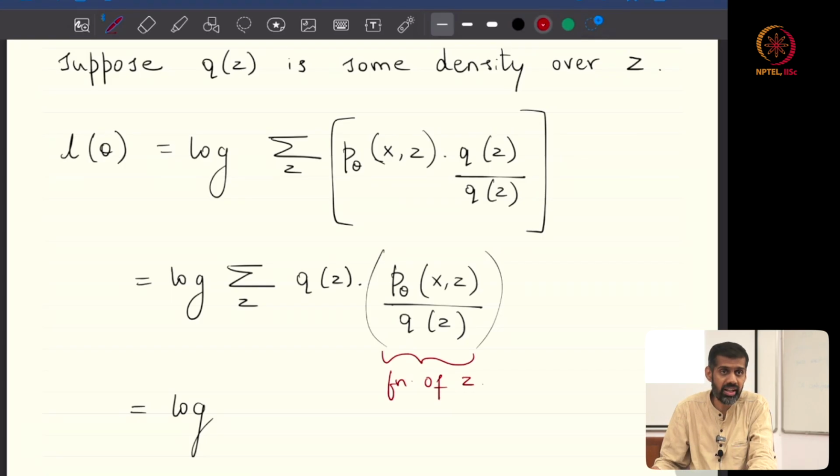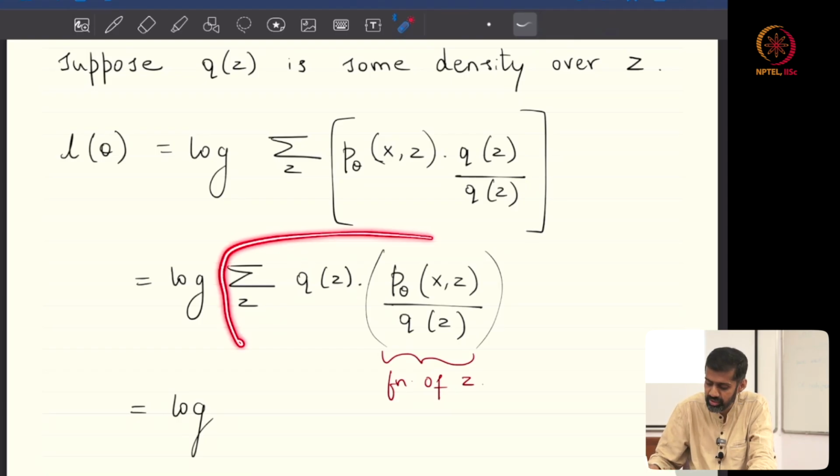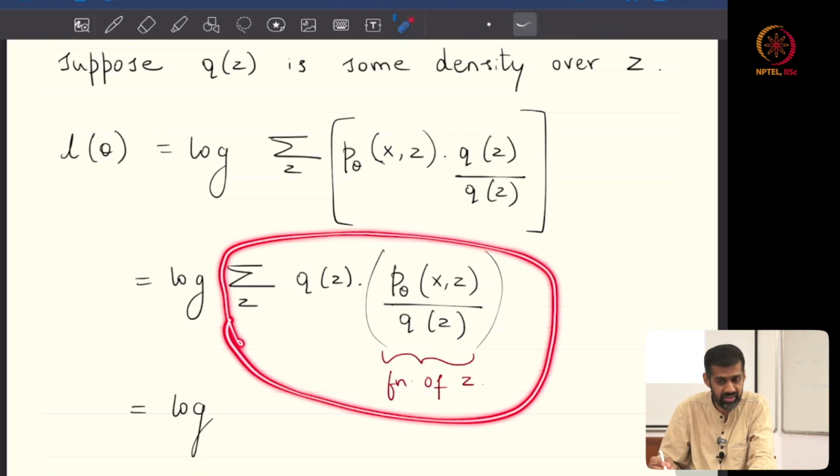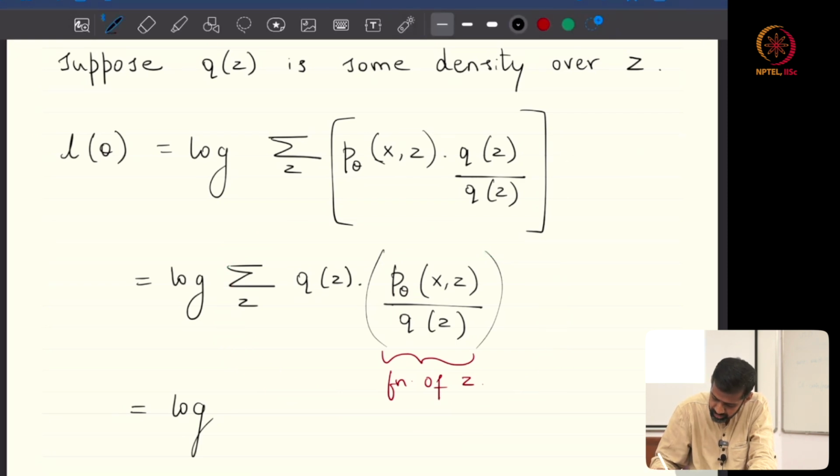You can look into that as a function of z, and you have a density over z, and there is a summation over the random variable z. So what is this entire thing now? That is the expectation, right? So this is the log of the expectation of p theta x and z divided by q(z), with respect to q(z).